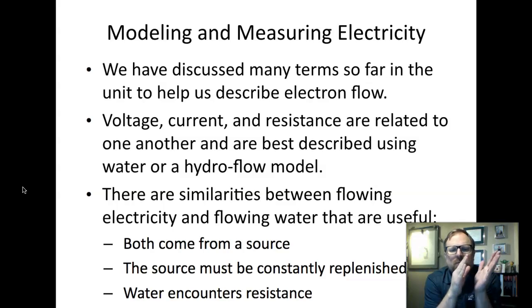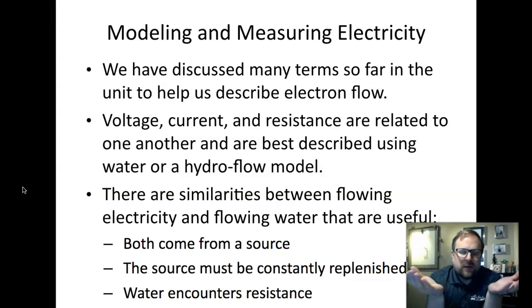First off, both flowing water and electricity come from a source. If you're talking about flowing water in the mountains, it's a glacier. That's your source. And how much water is melting that time of year, those kinds of things. In a circuit, your source could be a battery, or it could be some other source of electricity like a plug-in in the wall.